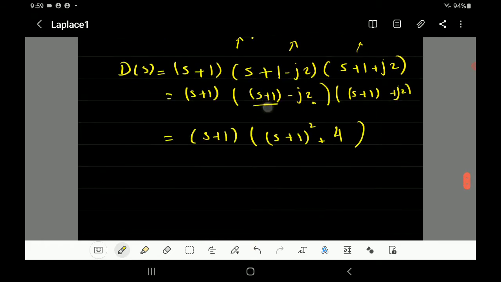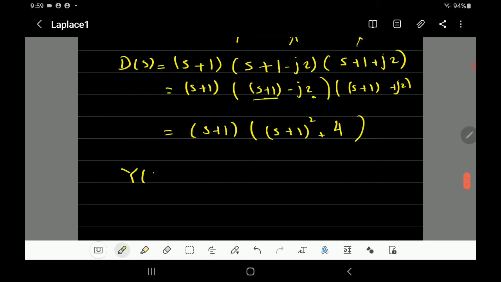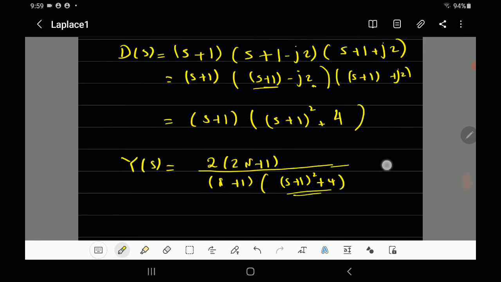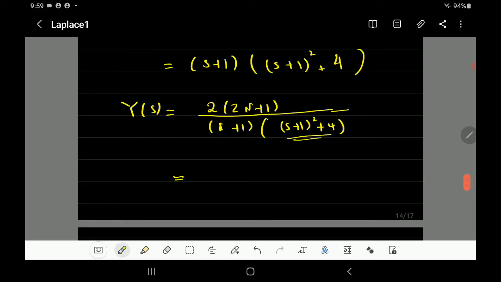So let's just write it ahead. Y of s is equal to 2 times (2s plus 1) over (s plus 1) times ((s plus 1) squared plus 4). And always when you have complex roots expressed in this way, as we did here, then you use partial fractions.